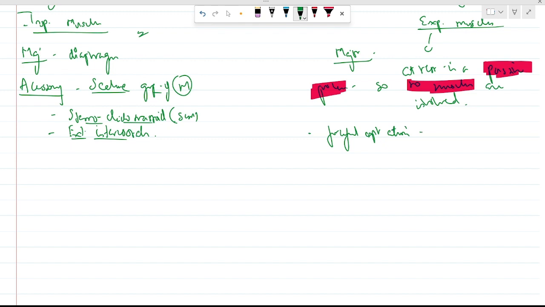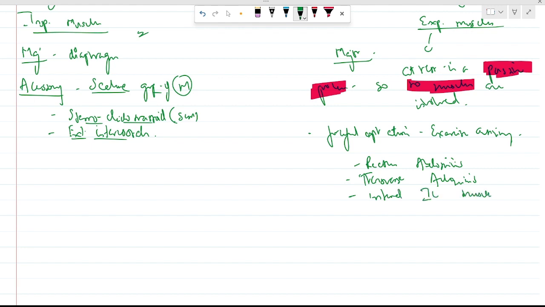Forceful expiration during exercise activity. We have our rectus abdominis, the six pack muscles, and transverse abdominis, the two abdomen muscles, and our internal intercostal muscles.